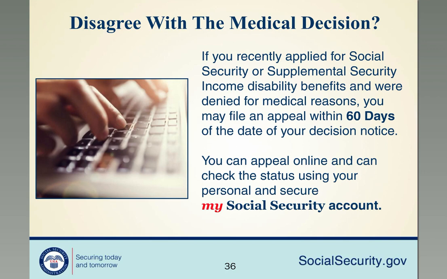Now then, at each one of these levels, you would have a 60-day time period to file an appeal. When you file the appeal, just a reminder, you want to include any new evidence that you might have to support your claim of being disabled. Sometimes, maybe 3 to 6 months have gone by since the last decision was made.